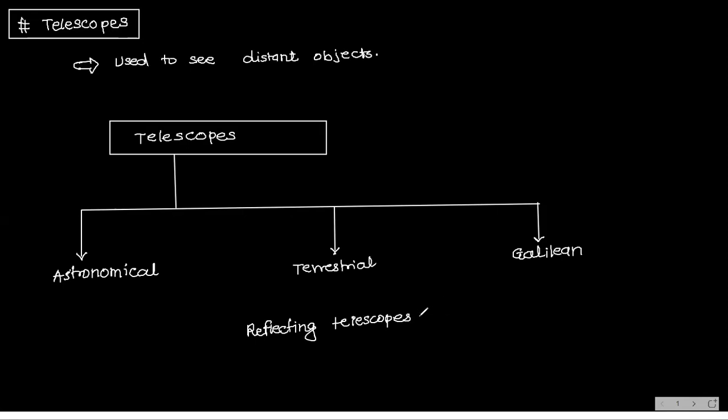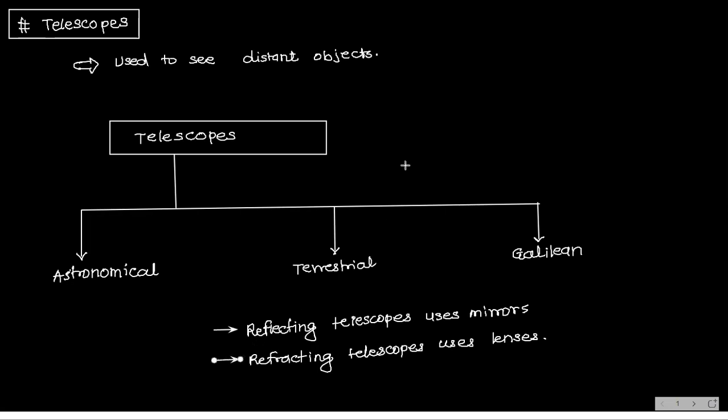Okay, reflecting telescopes use mirrors, and refracting telescopes use lens or lenses. So this is what the reflecting and refracting telescopes are.